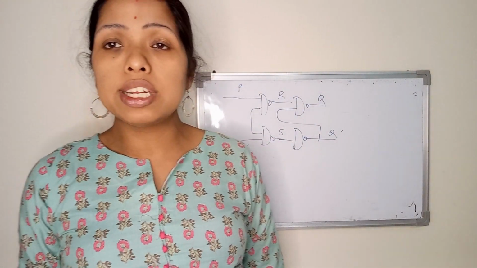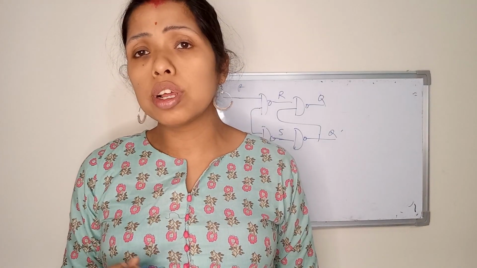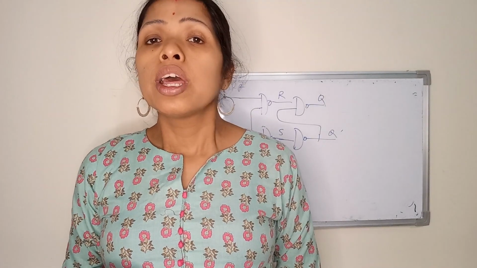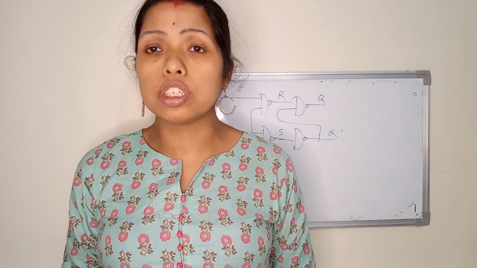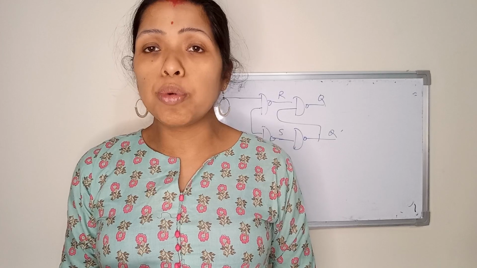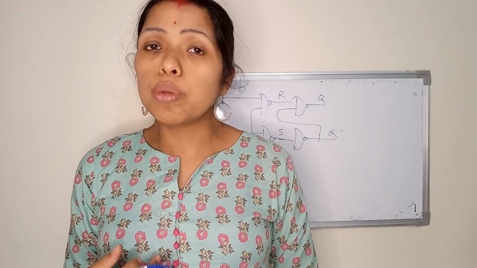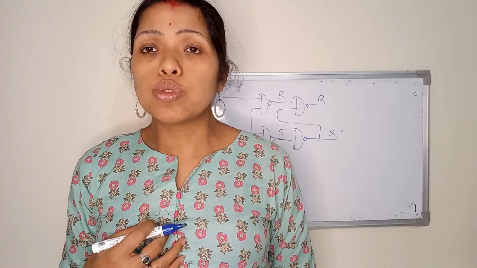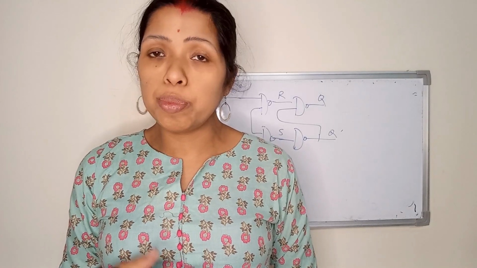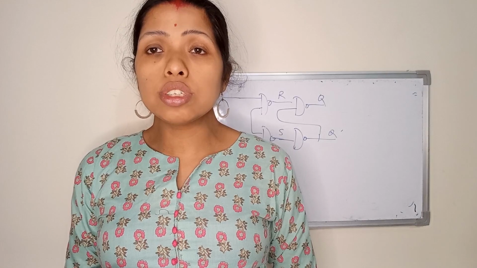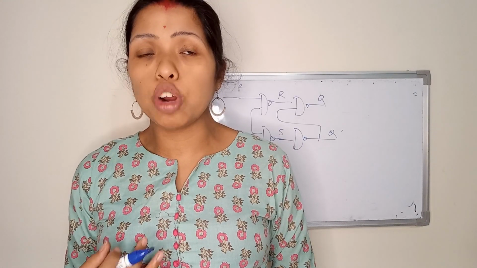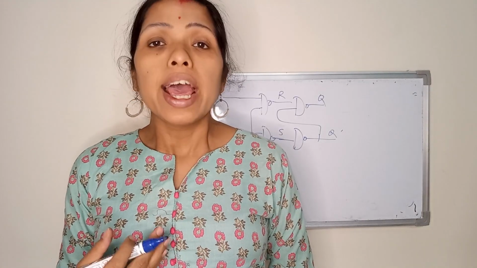So what is the difference between SR flip flop and D flip flop? If you remember, in the SR flip flop, normally the 1 1 state we cannot use. If you give the input 1 in both S and R, it is a not used or forbidden condition, right? Due to this forbidden condition, we sometimes cannot use the SR flip flop.